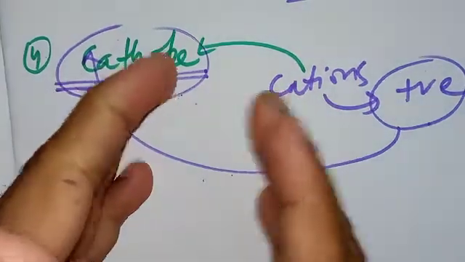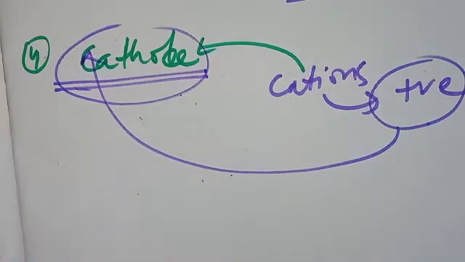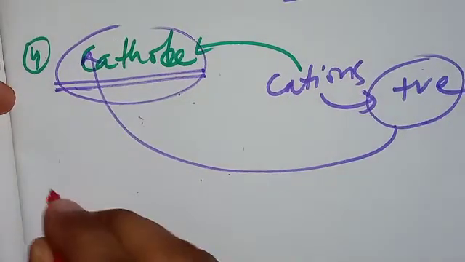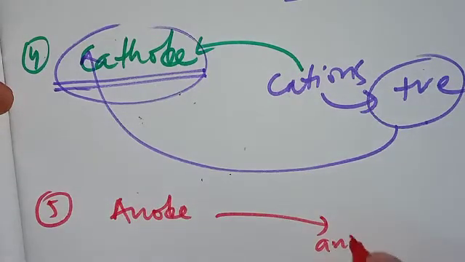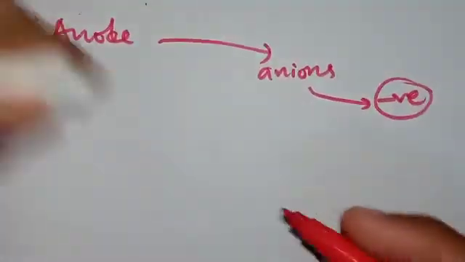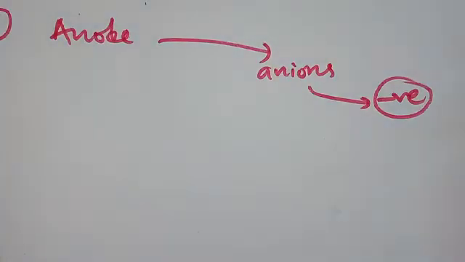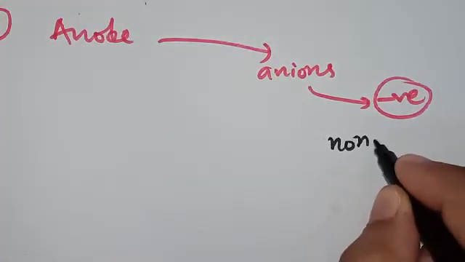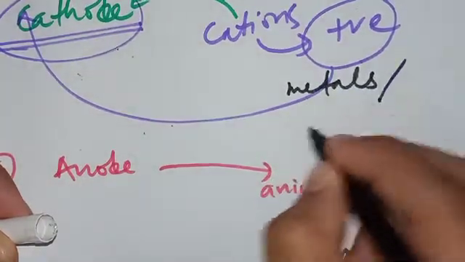Only non-metals are liberated at the anode and are called electronegative elements. Similarly, the fifth point is just the opposite of the fourth point. The anode attracts the anions, and you know that anions are negatively charged. The non-metals are negatively charged particles: Cl minus, SO4 2 minus, O2 minus, these are all non-metals, and the positively charged particles are metals or hydrogen.